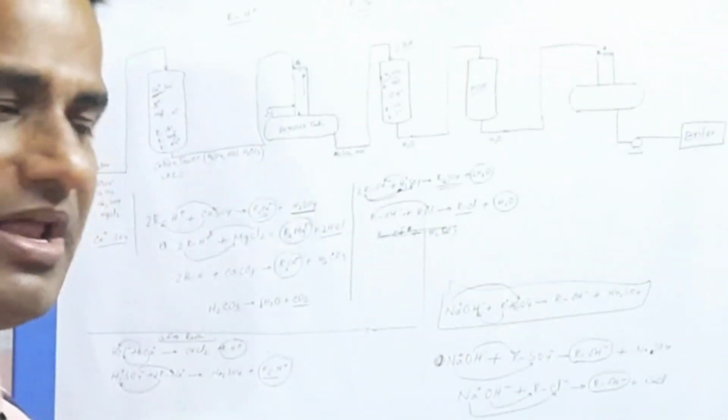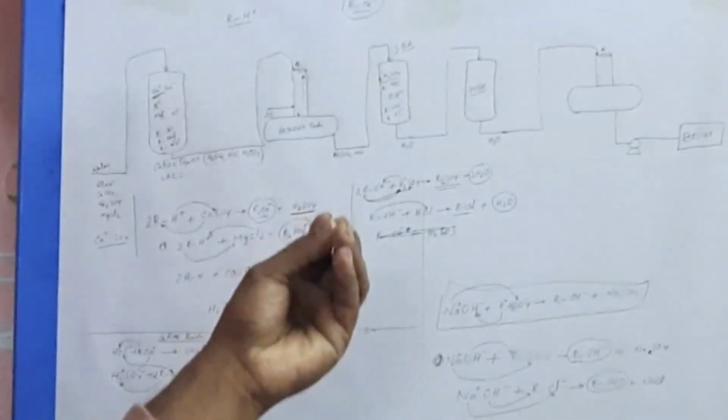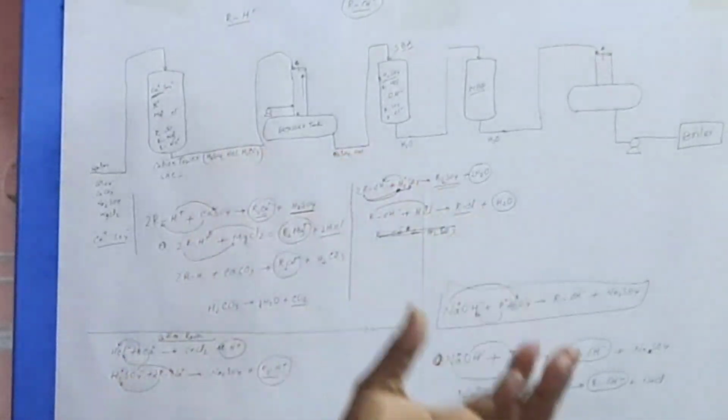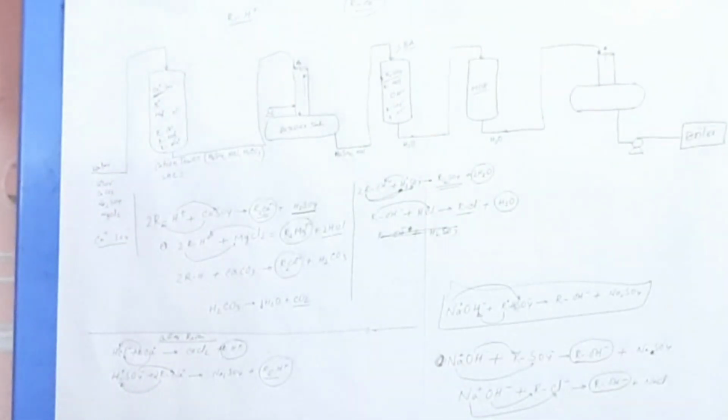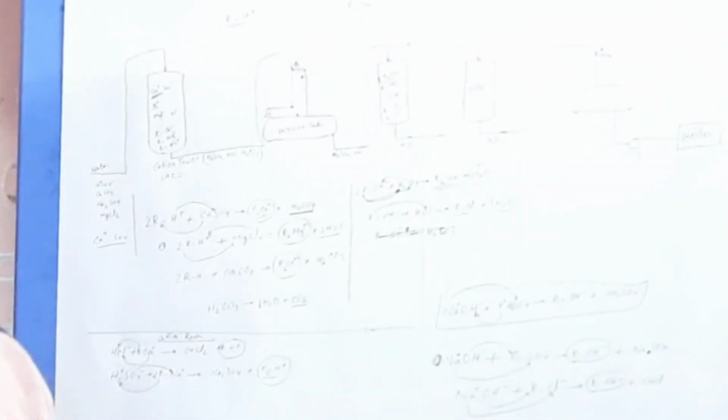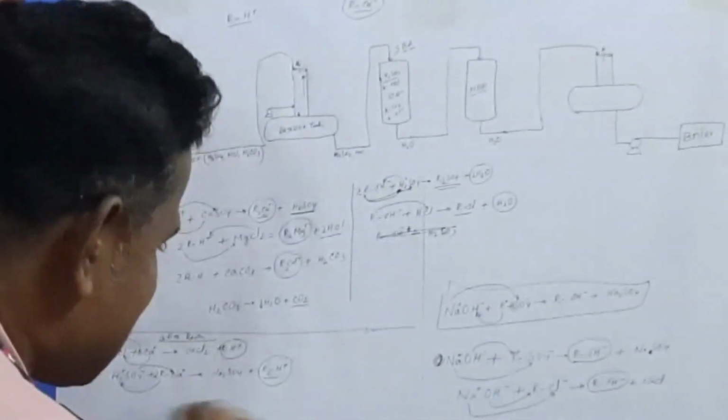The cation resin absorbs cations or positive ions, and the anion resin absorbs anions or negative ions. After absorbing positive and negative ions, both resins are exhausted. When they exhaust, they require regeneration. So this way we can regenerate it.